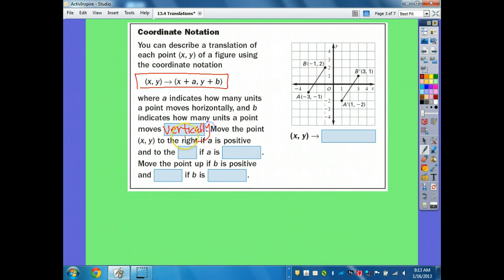Vertically. Move the point (x, y) to the right if a is positive, and to the left if a is negative, we just talked about this. Move the point up if b is positive, and move the point down if b is negative.